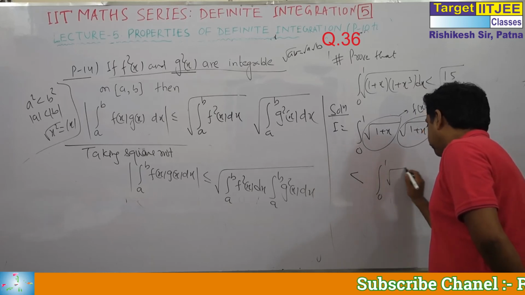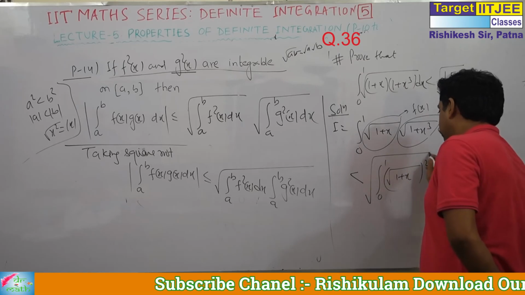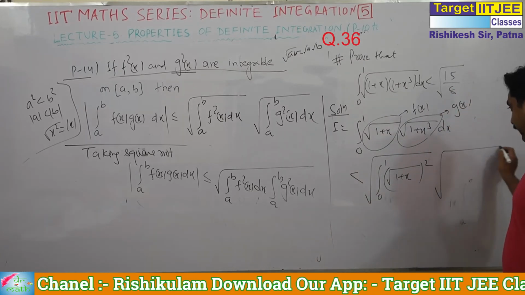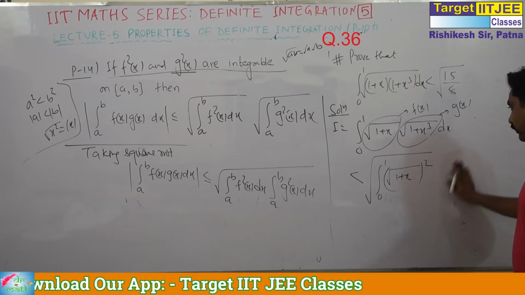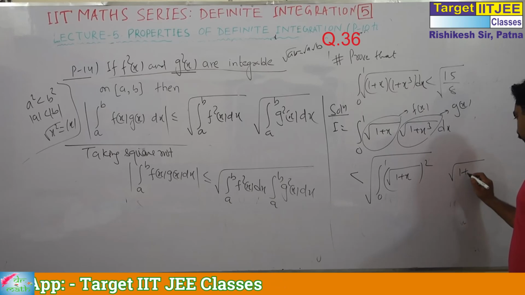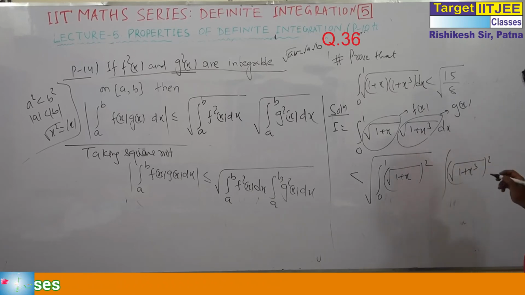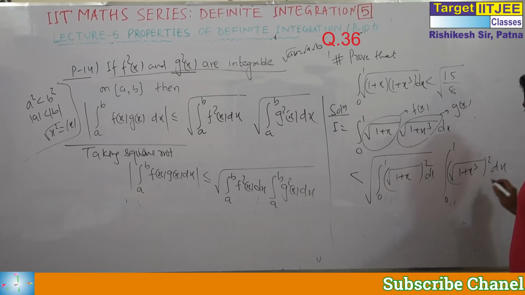The integral from 0 to 1. Make a square of this function and take a square root. This is the way to learn. First of all, write in this way. Square this function, take integration from 0 to 1, put down dx, and take a square root.